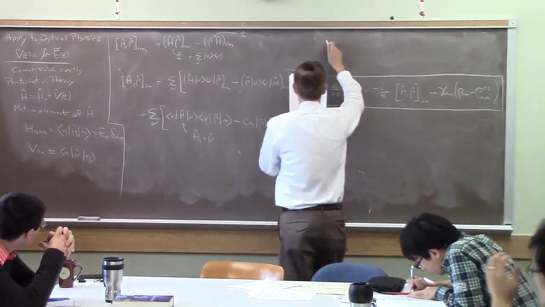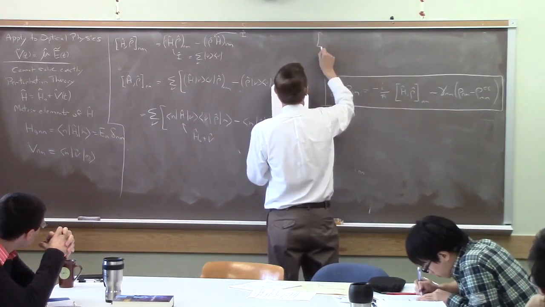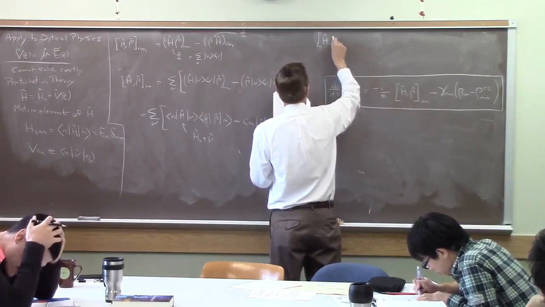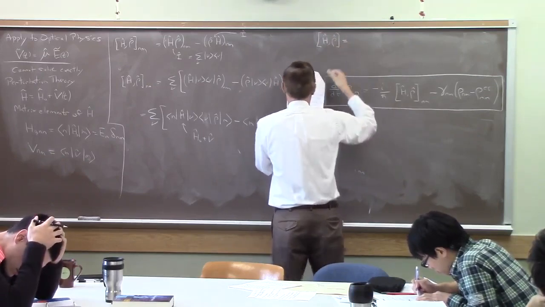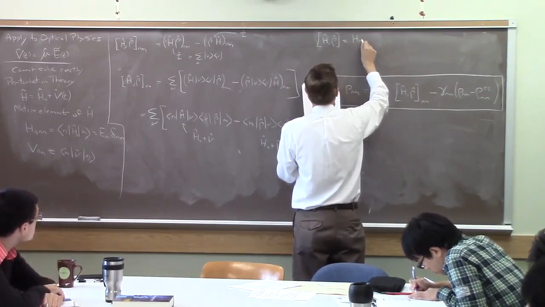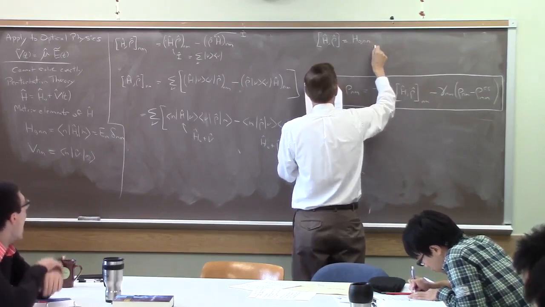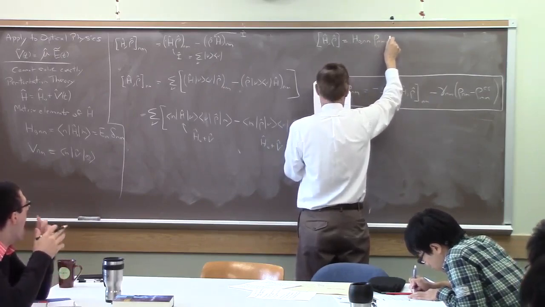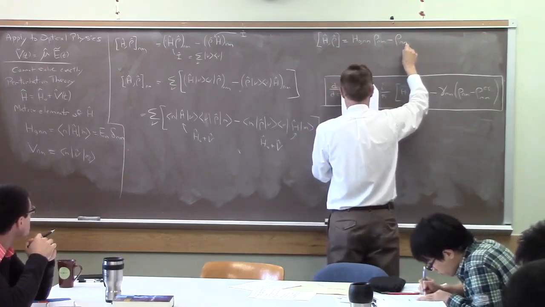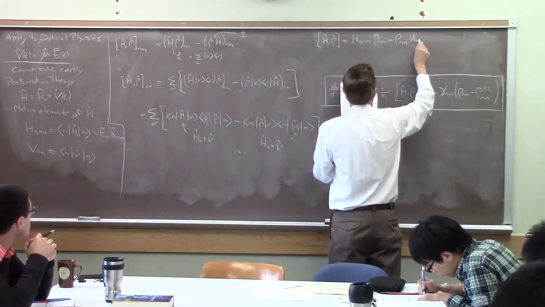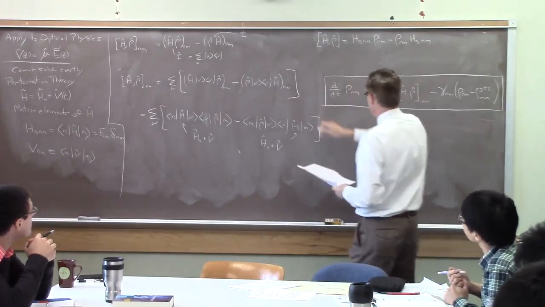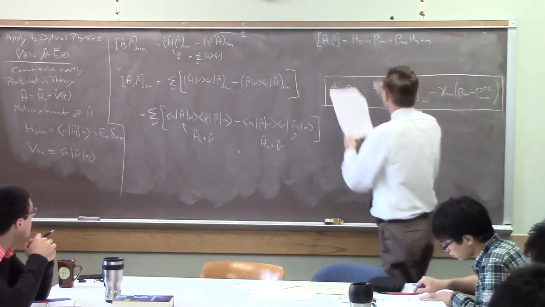I guess there's actually room up here. So we find that the commutator of H with rho is H naught N rho NM minus rho NM H naught MM. So that is the Hamiltonian part.